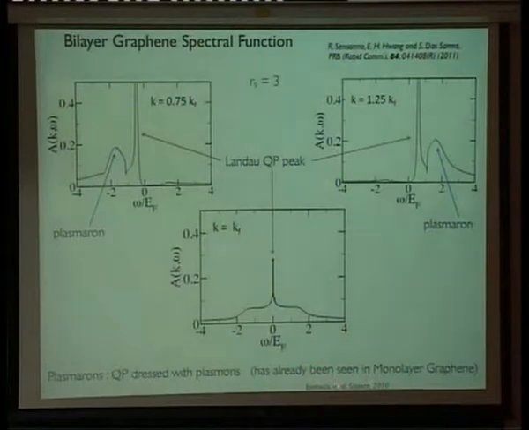Bostwick et al. in 2010 looked at this for monolayer graphene, and they found the plasmarons. And Wang and Sharma had done the calculation and found the plasmarons for monolayer graphene. Unfortunately, for bilayer graphene, there's no published data yet, and so it's hard to compare.